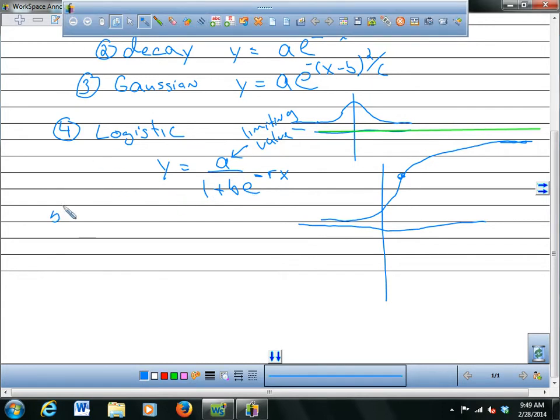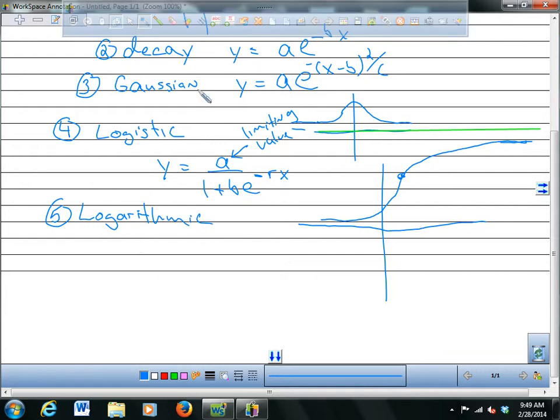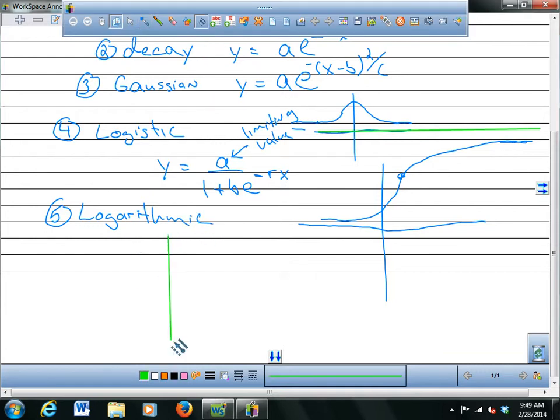And then we have logarithmic models, which you already know what those look like.